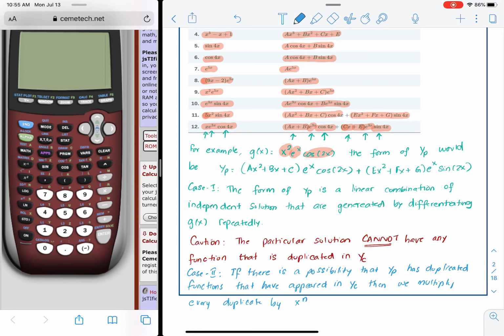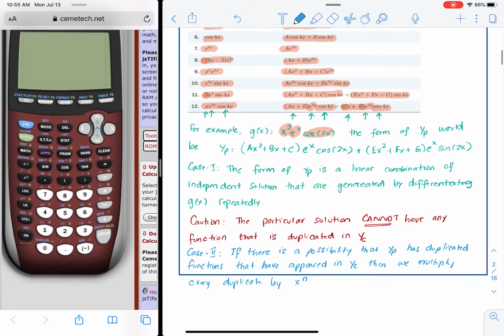So we multiply by x, x squared, x cubed, and so forth. And that is how we would obtain the particular solution.